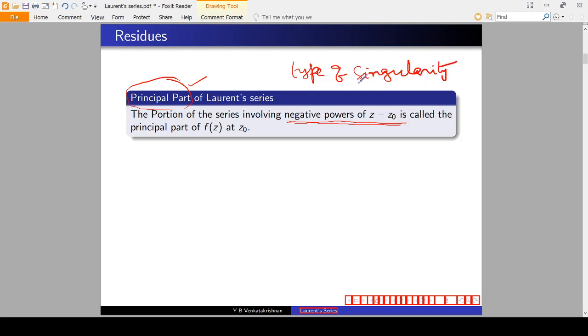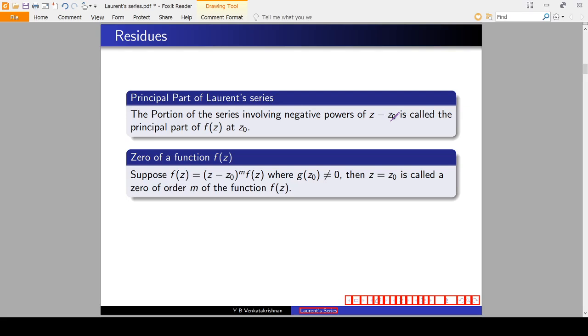So first, one thing that you have to keep in mind is that the negative powers of z minus z naught is called the principal part of the function f of z at z is equal to z naught. And of course, this you already know.